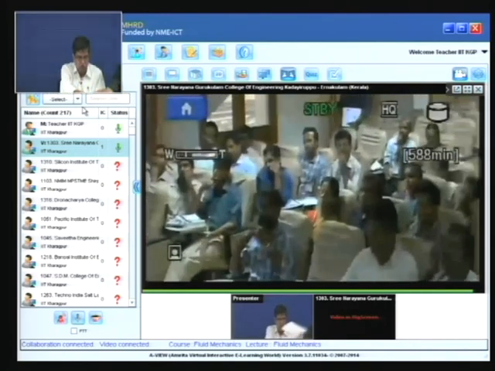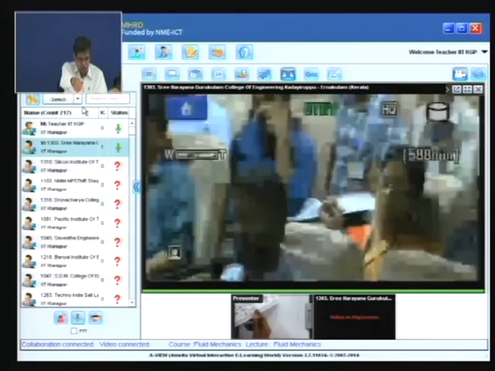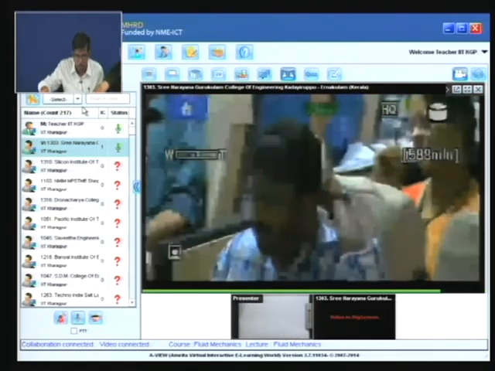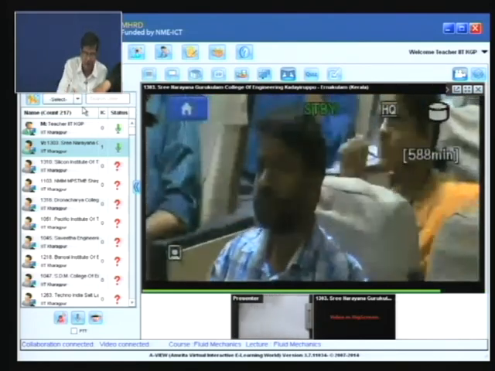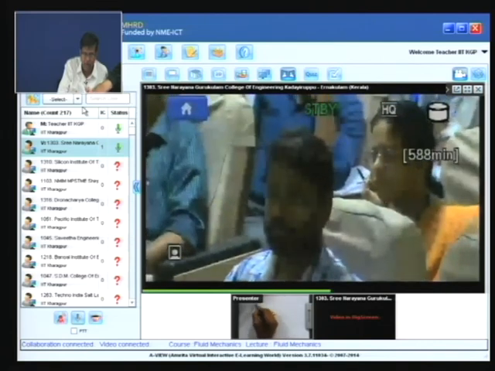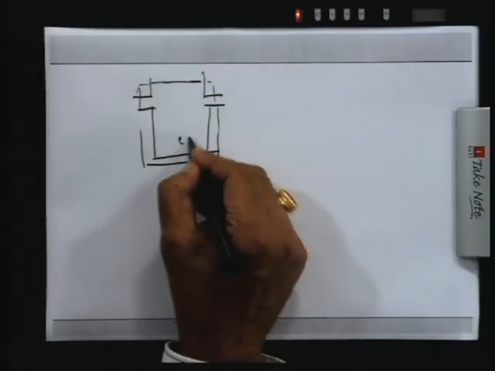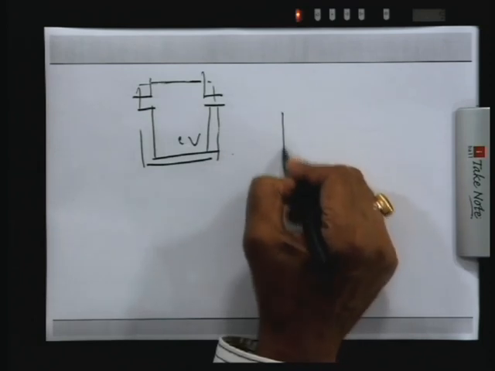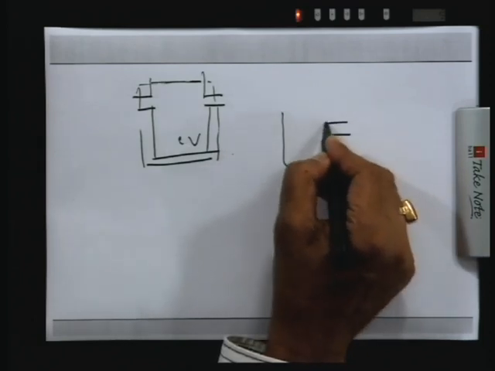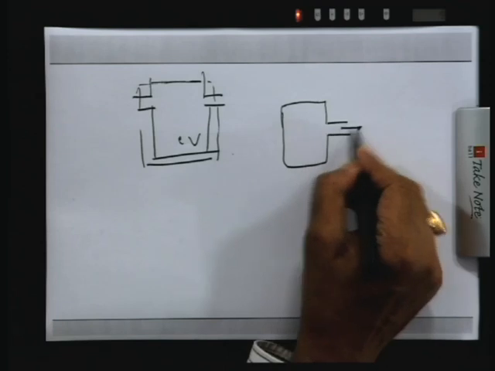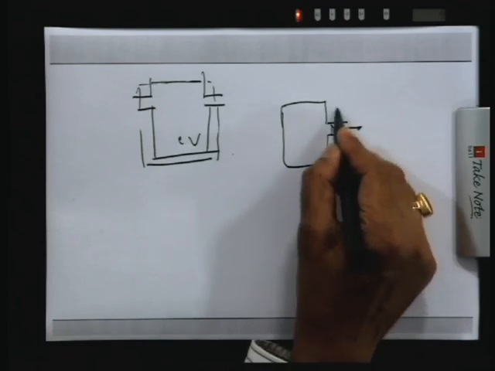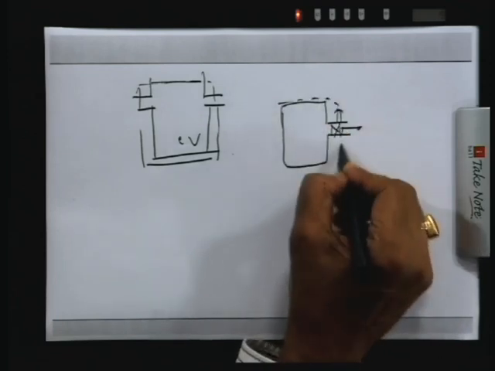This is the tank, this entire thing is the control volume, with no system. Then another example was that there is a tank where the fluid is coming out by opening a valve, and this is the control volume.